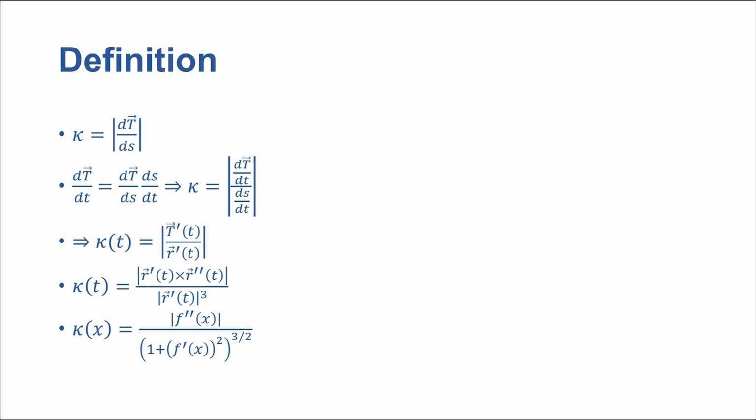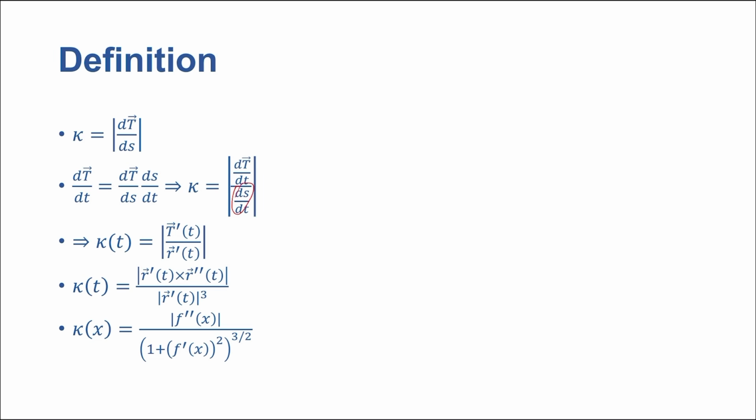Now, if you note, we can make this more simple because we remember that this is actually the formula from the last video. Remember, that's the formula for the derivative of the position vector. And obviously, we can use Newton's notation for the upper part. So thus we get kappa as a function of t is equal to the magnitude of the quotient of the first derivative of the unit tangent vector over the first derivative of the position vector.